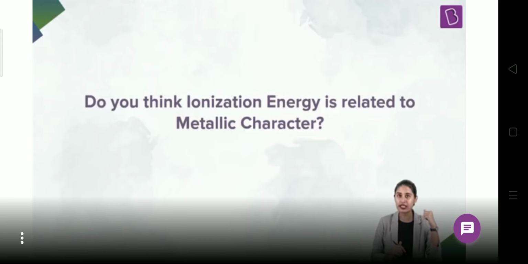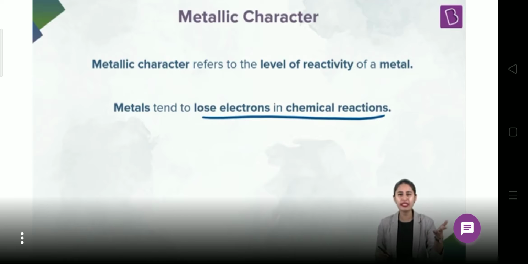So let's see. Metallic character refers to the level of reactivity of a metal. Metals tend to lose electrons in a chemical reaction. So which is a better metal? The one which gives electrons easily. They are the donors. They love giving their electrons and attaining noble gas electronic configuration. Whichever gives an electron easily will be a better metal.